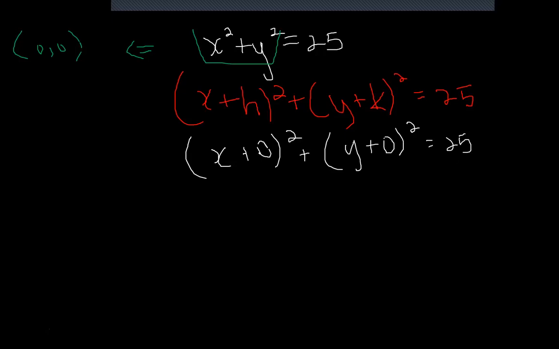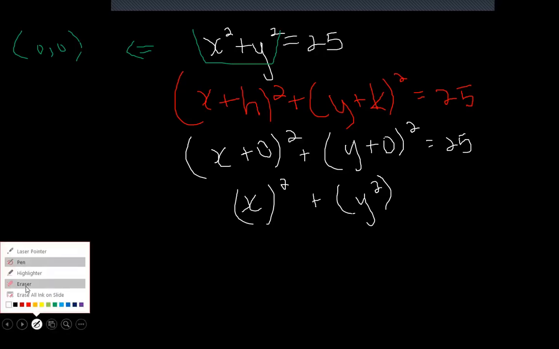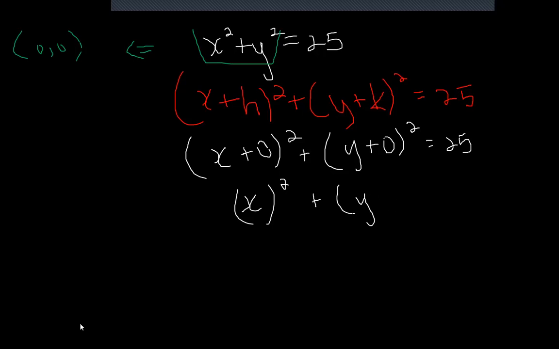Any number, when 0 is added or subtracted, it's just the same number. So this is still x squared. So let me just put that in brackets, x squared plus, this is still y squared. Hold on, I put my squared outside the bracket.